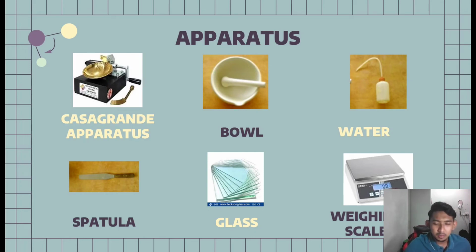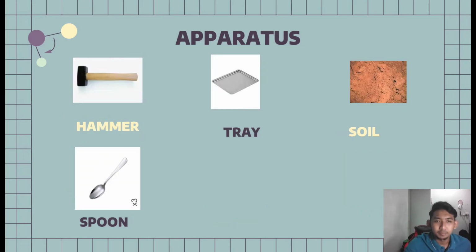The glass is used to roll the soil sample on it. And next, the weighing scale. We also use a hammer, tray, soil, and spoon. The spoon is used to stir the soil and water. That's all from me. The next presentation will continue by Luqman Hakim.